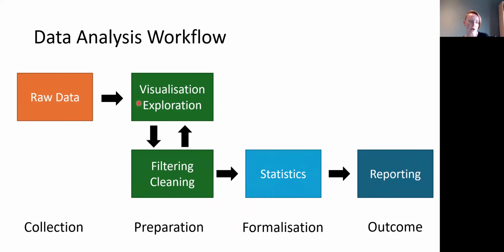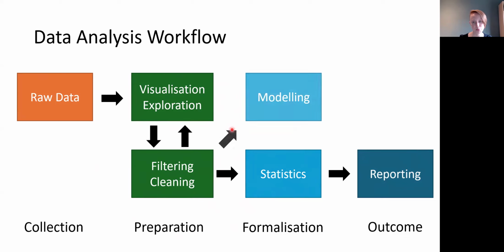When we're thinking about machine learning, we're still going to follow these same steps at the start, but instead of formalizing with statistics, we will formalize it through modeling our data. And we can use this as an outcome. So we can just show that we can create a model, and that might be what we're interested in.